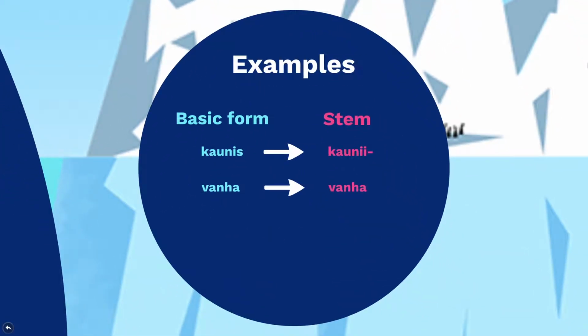For example, the word kaunis needs an adapter of sorts, and when you work out that most of the cases need the stem kauni, you're halfway there. The word vanha could be seen as a tap that fits together with any inlet pipe, because you don't have to do anything about the word before adding a case ending in the singular.